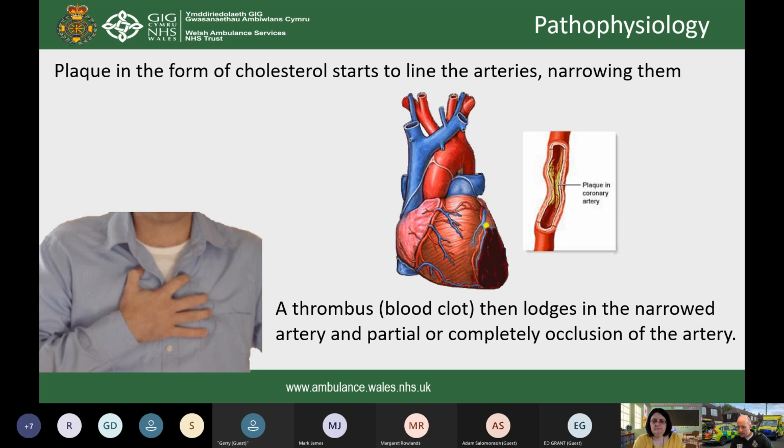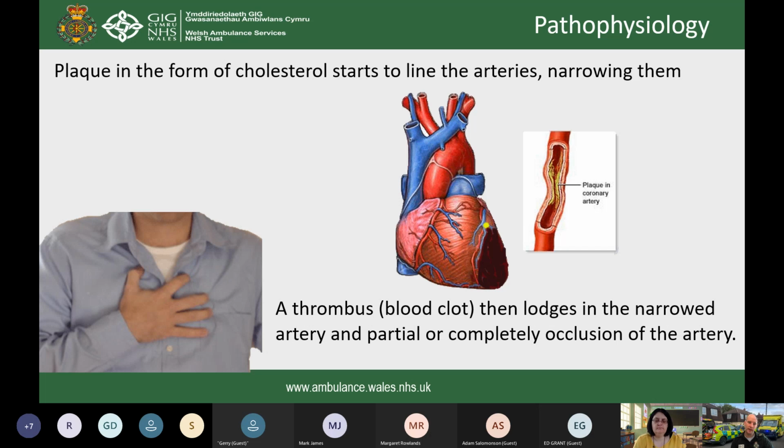So silent MI is when there's no chest pain, which would be that non-STEMI. Again, females and diabetic patients are more likely to have silent MIs. Cool. So there are the blockages, and the severity of the myocardial infarction depends on where it is.